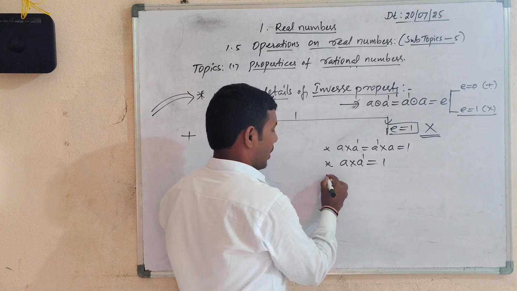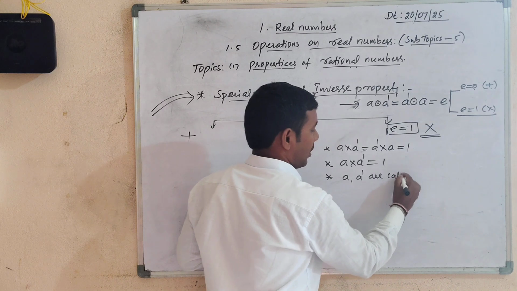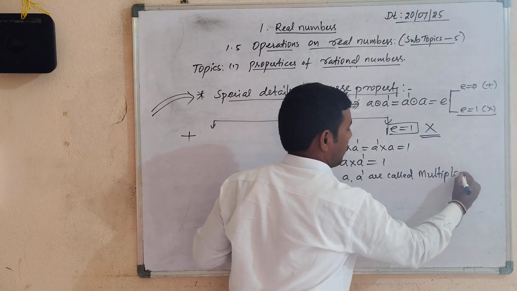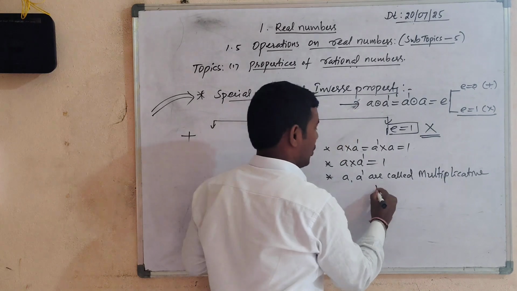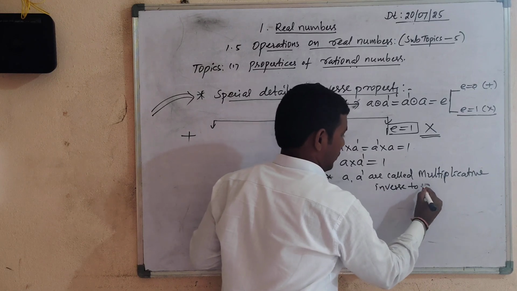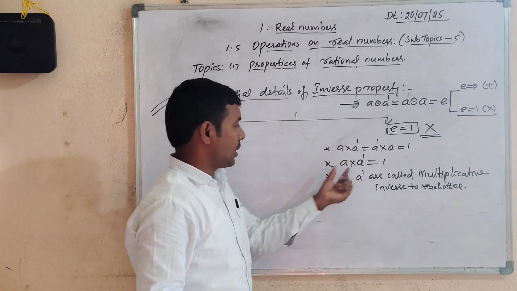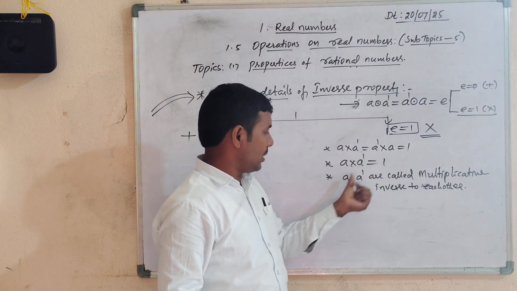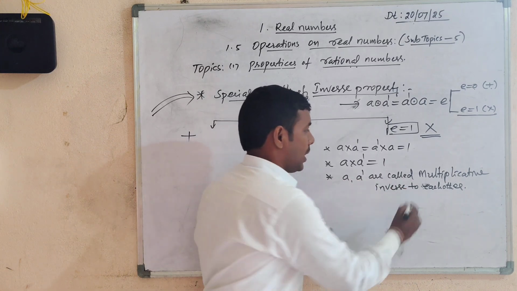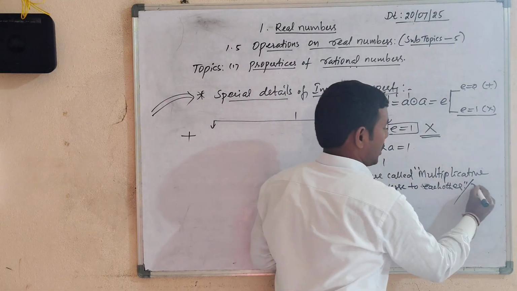In this, A and A complement are called multiplicative inverse to each other. Another name for multiplicative inverse is reciprocal.